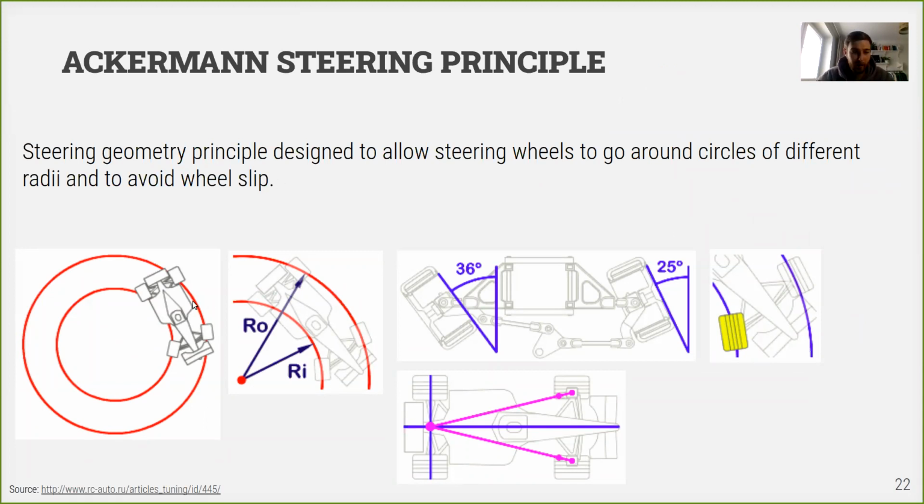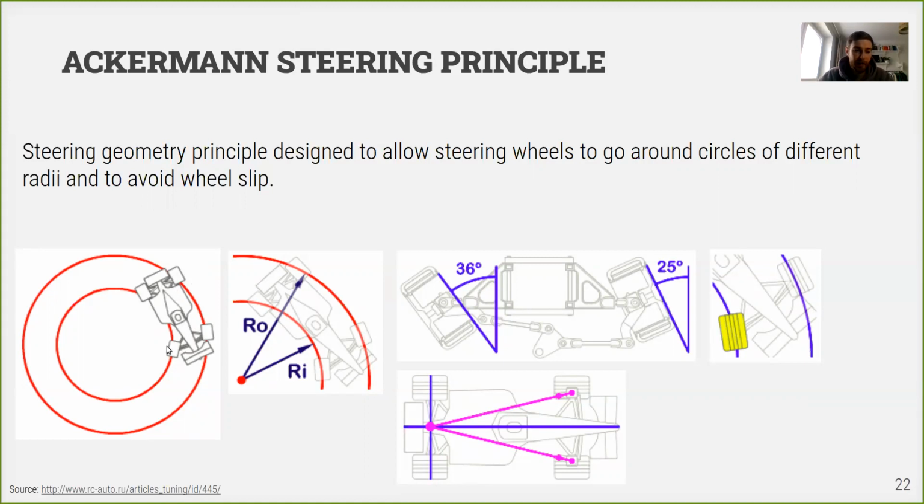So basically here on the image, you can see that the right and left wheels of the car are moving on different radius. And as we said, for rear wheels, they will need a differential to move with different speeds.